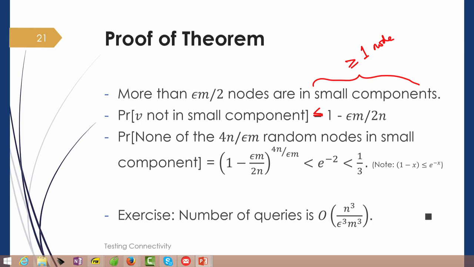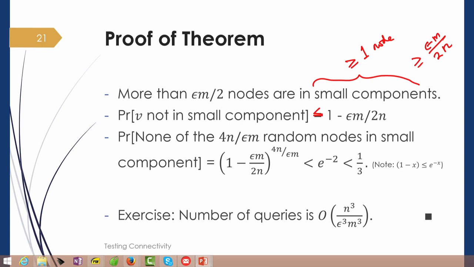So, the probability of landing in such a small component is going to be greater than or equal to epsilon m by 2 divided by the total number of vertices that we have, which is n. So, the probability that V is not in a small component is at most 1 minus epsilon m by 2n.